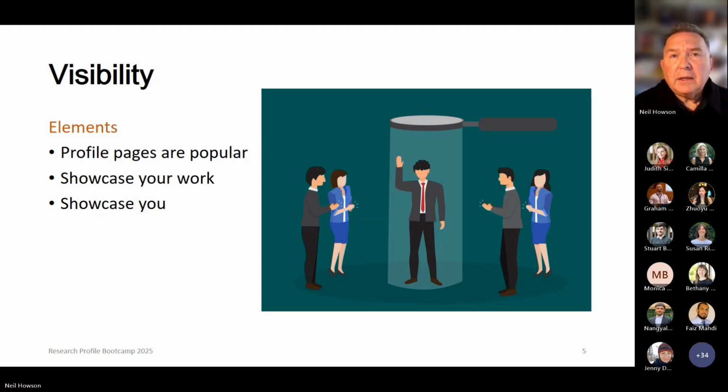Now, a key part of your profile is your publications list. If you're publishing work, it will show up if tagged within your staff profile. If you're working on research projects and you're a PI, it will show up on your staff profile. And if you're not a PI but are working on projects with other people, you can list these projects within your staff profile.